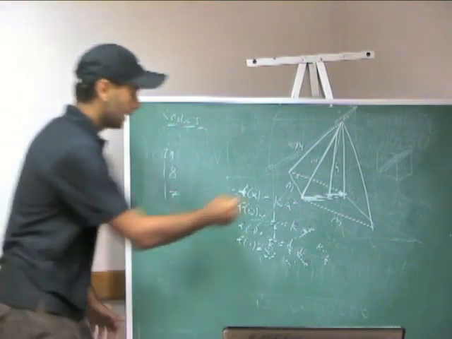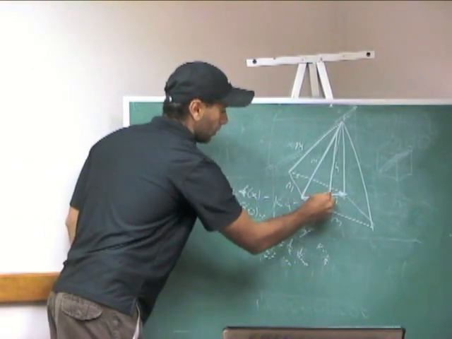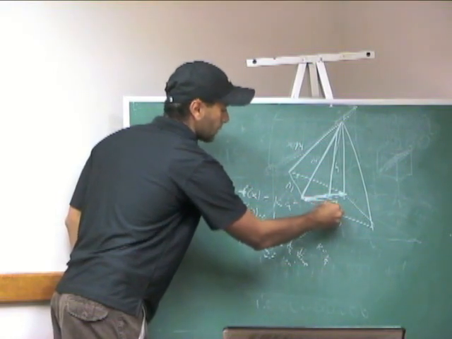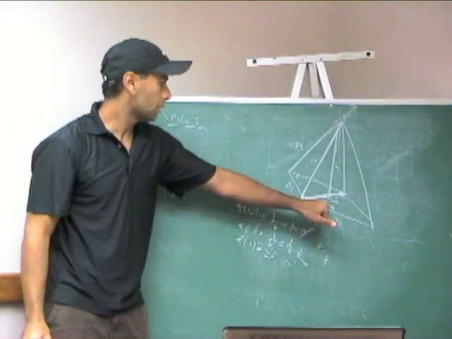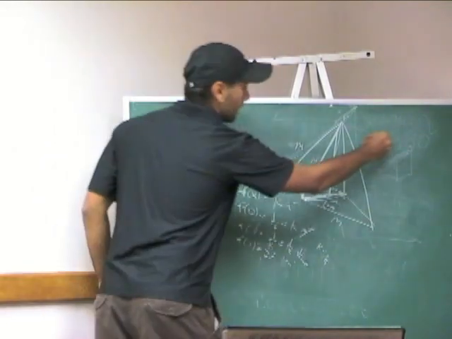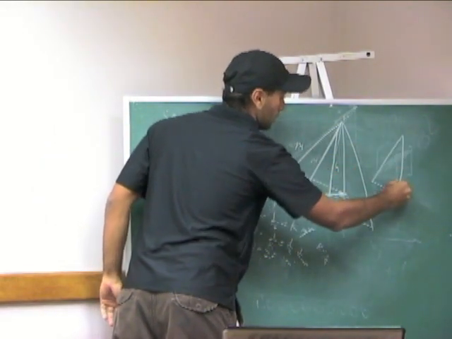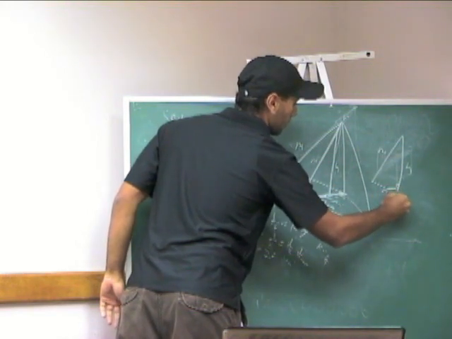So the whole thing would be m square root of 2, and you know that this part is half of that, half m square root of 2. So you have half m square root of 2, m, and h. That's your triangle. Just redraw it if it's getting kind of complicated looking. That's h, m, m square root of 2 over 2.